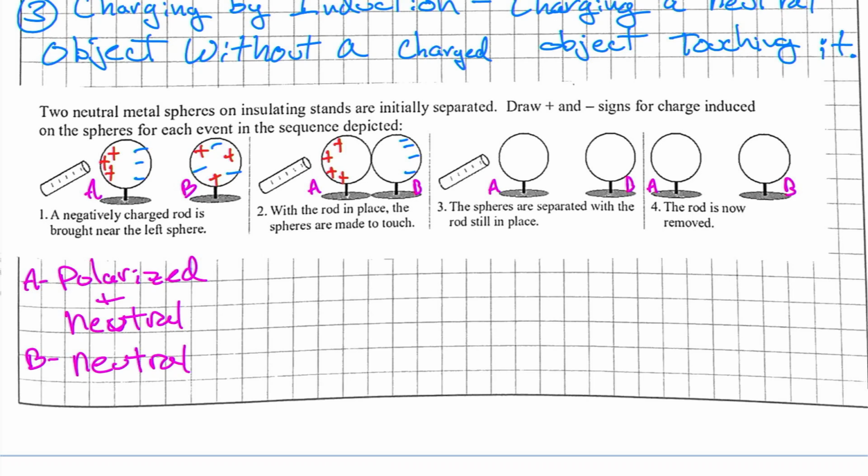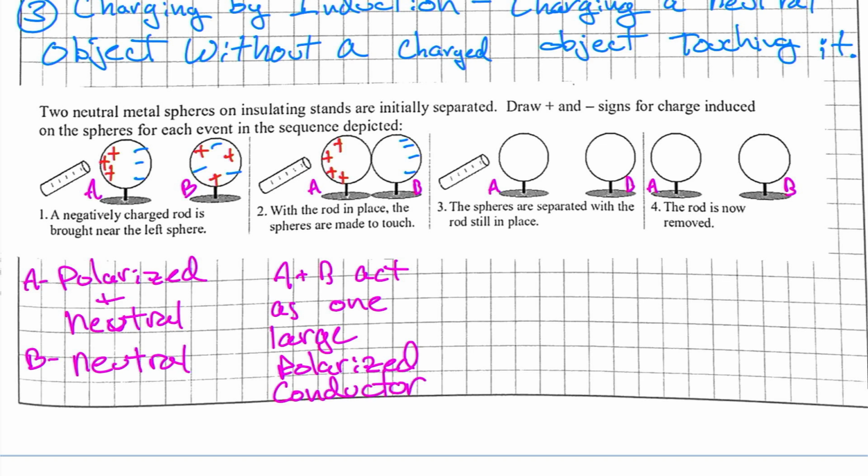And in this situation, A and B act as one large polarized conductor. As soon as they're touching, they act just like one object.